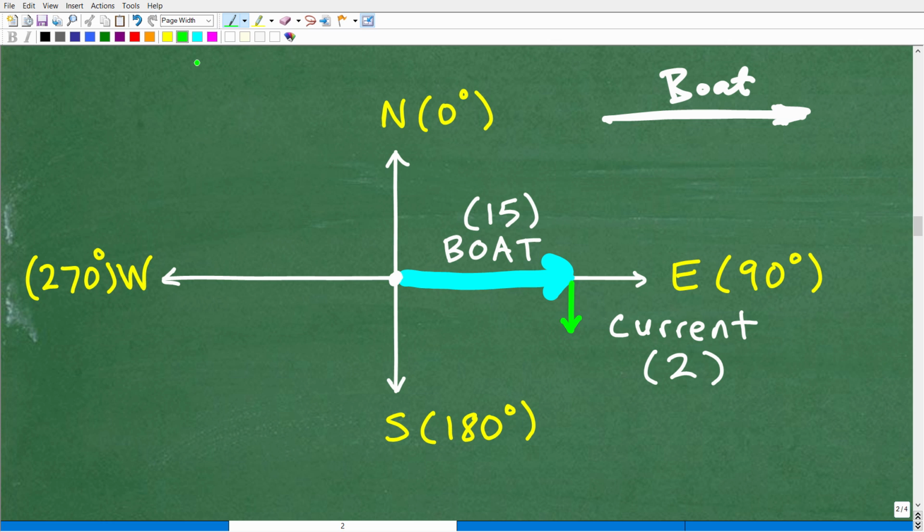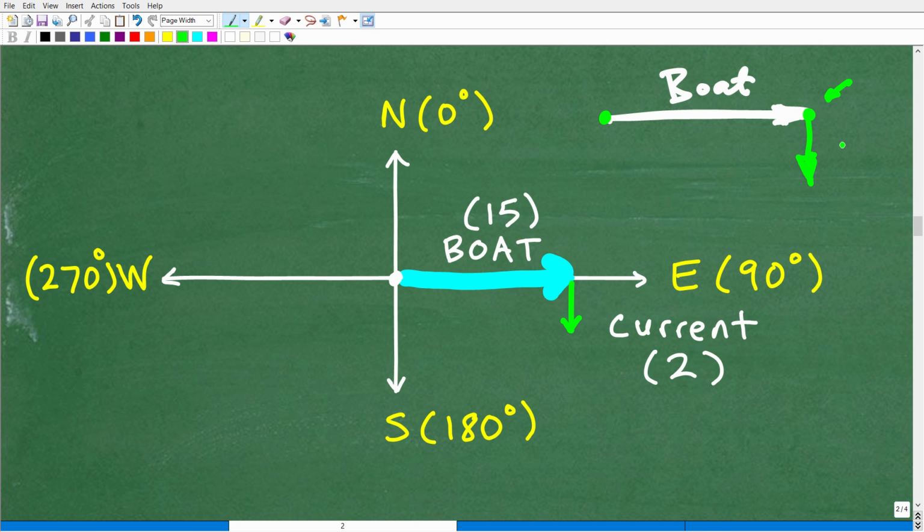Now, what we're going to do is add the vector for the current, but we're going to start at the tip of the arrow. This is the beginning of the arrow, and this is the end of the arrow. So we're going to take the second arrow and start it at the tip of the first. This is our current.